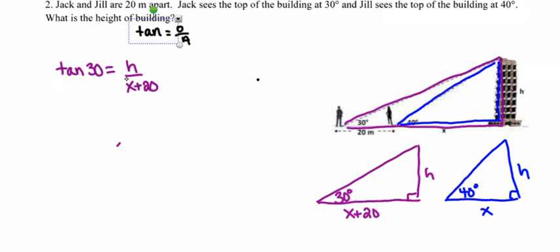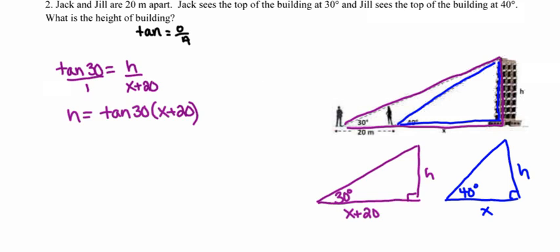And notice the two variables in my equation right now, that's kind of my big hint that I'm probably going to need a system of equations to solve this one. Like I did in the first one, I'm going to cross multiply. h is now equal to the tangent of 30 degrees times the entire quantity x plus 20. And again, like in the first one, I've reached a standstill where I can't go any further.